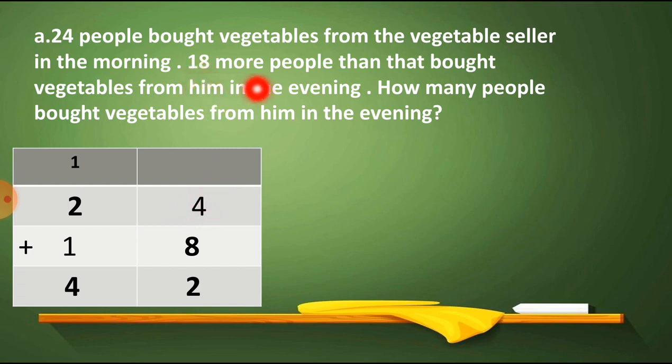Now 18 more people than that bought vegetables from him in the evening. So here we can write down the 18. The question is how many people together, total people, bought the vegetables from that vegetable seller.